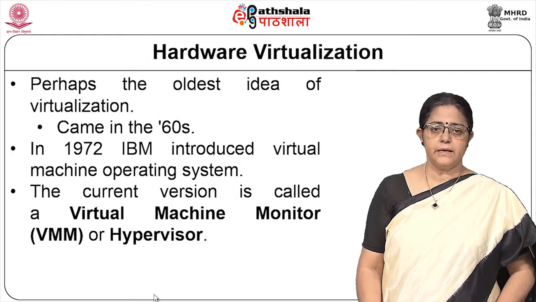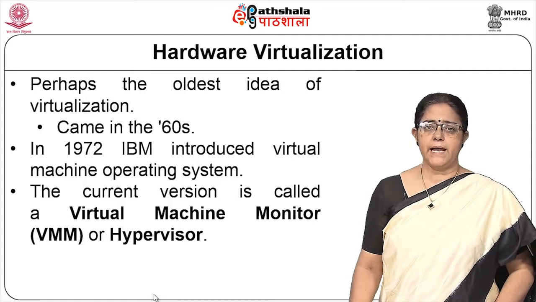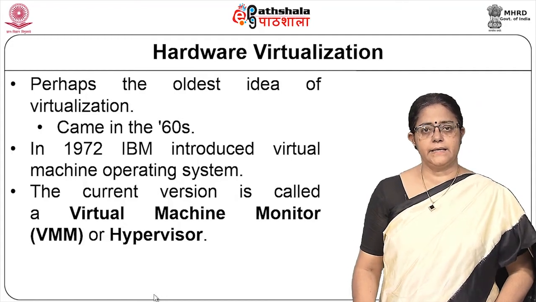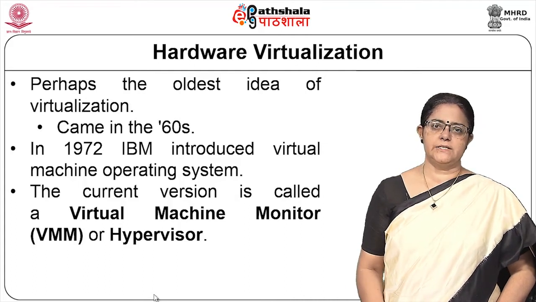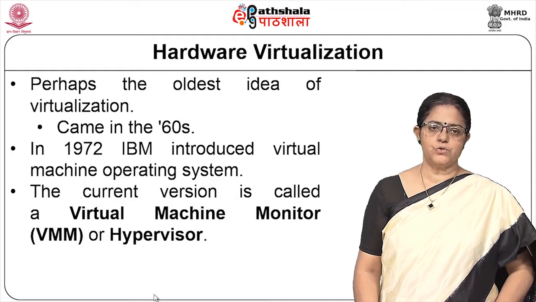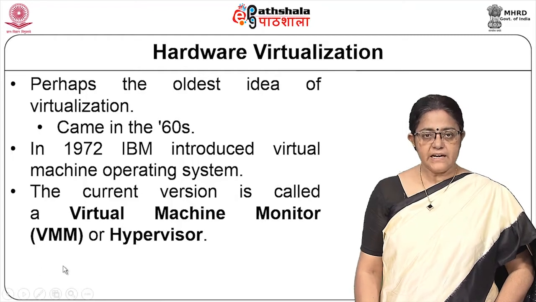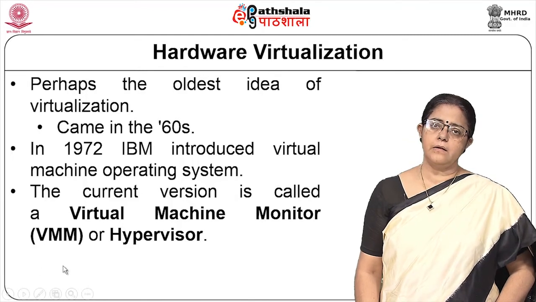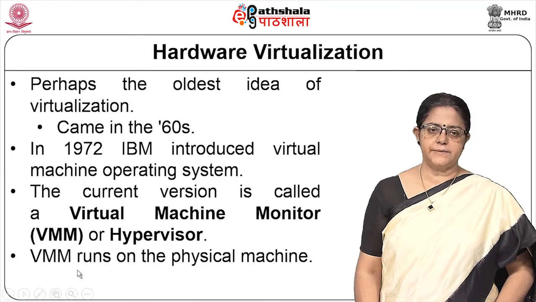The idea stopped for some time after that, but with the advent of cloud computing, the concept of virtualization came back very strongly and it is being used very popularly. Now, one very popular mechanism is called the virtual machine monitor, VMM, or hypervisor.